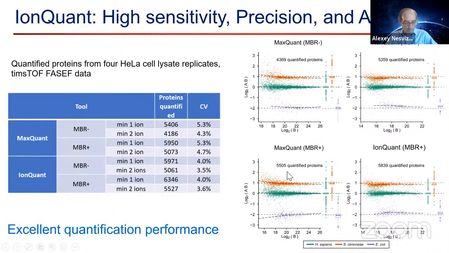So we applied this to a number of data sets. For example, we applied it to pretty standard replicates of HeLa cell line timsTOF data, and we compared it with MaxQuant. For both MaxQuant and IonQuant, we have an option of allowing any protein to be quantified or requiring at least two ions for quantification.